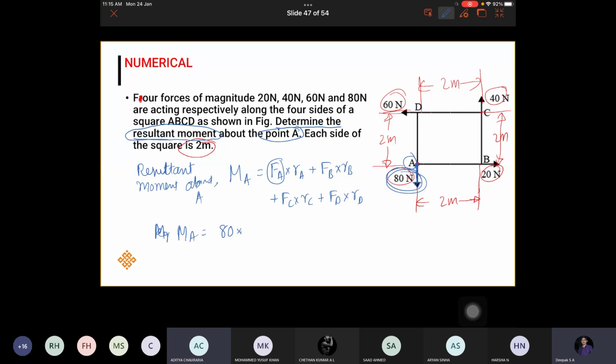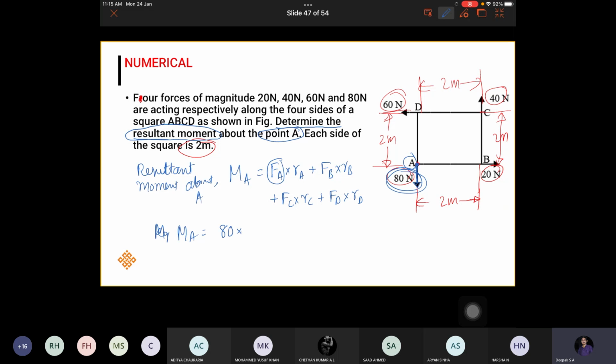Yes, sir. Then, clockwise means you take negative or positive? Negative. So clockwise means negative, anti-clockwise positive. This you have to remember. So two things you have to remember.